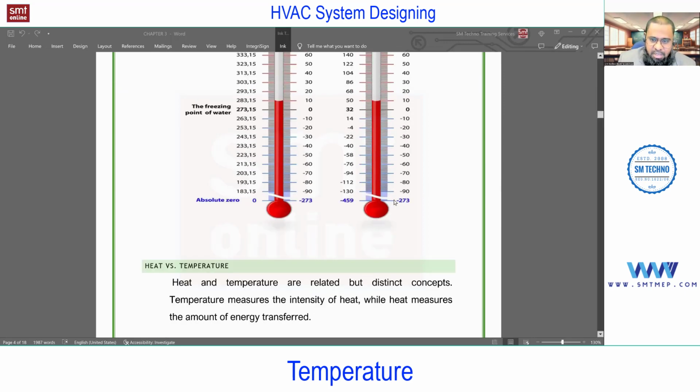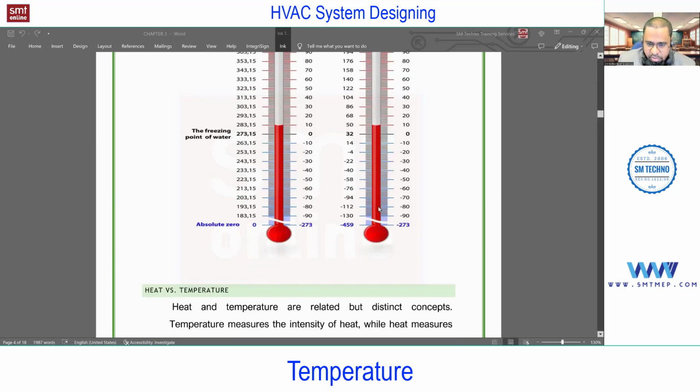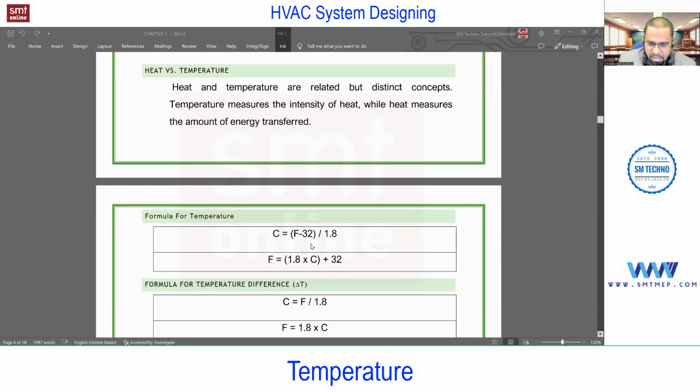If you want to convert Fahrenheit to centigrade, the first factor is you need to subtract this 32, because this is 0, this is 32. No confusion, na? So first point, why we are subtracting this 32 in the formula, I think there is no confusion.